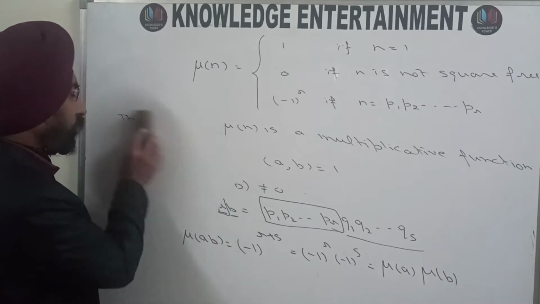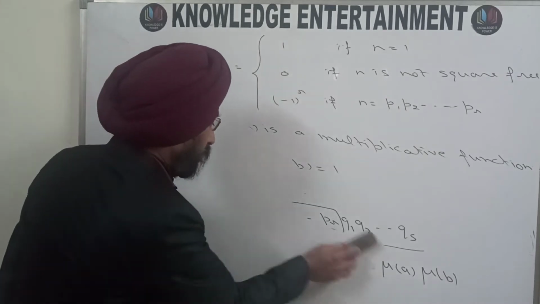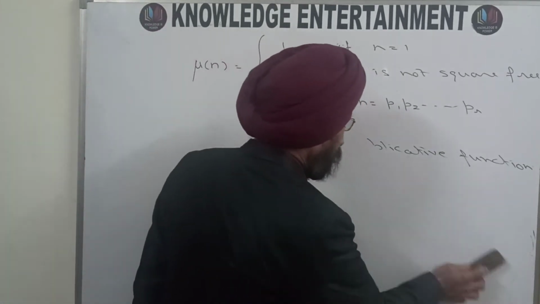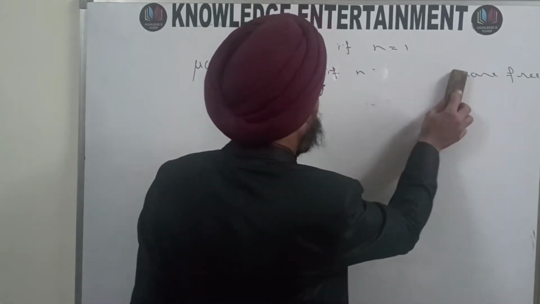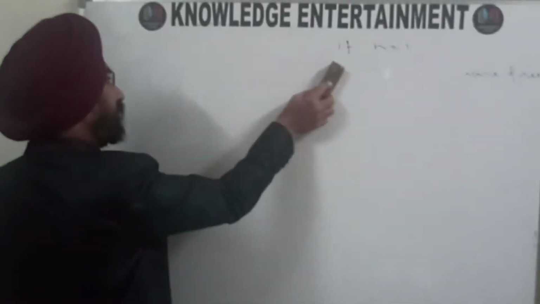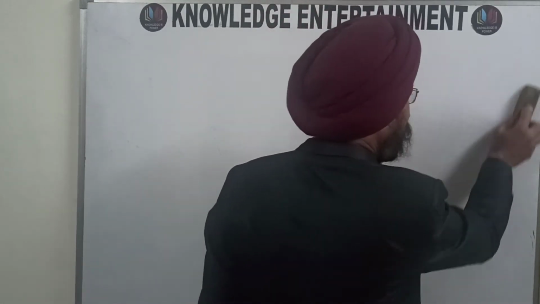So this is the first theorem related to Mobius function, that the Mobius function mu is a multiplicative function.